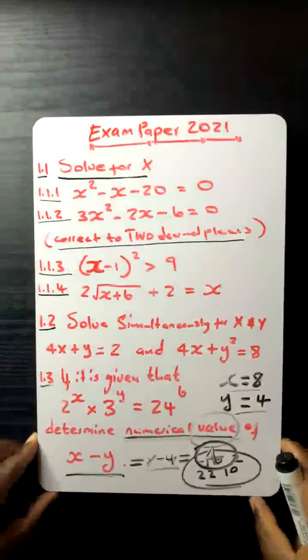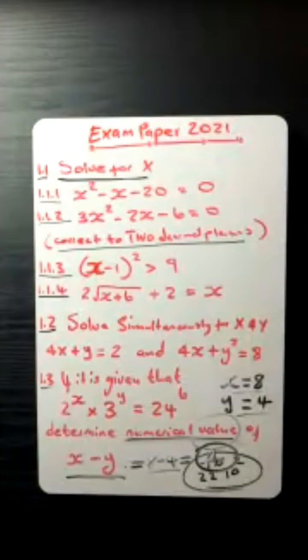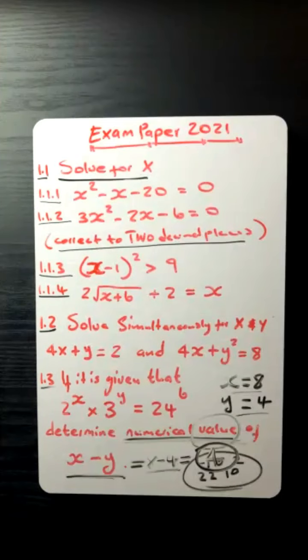Sir, I have a question. Okay. On 1.1.3, usually in class, the graphic part, how the circle on the graphic part reads the arrow.